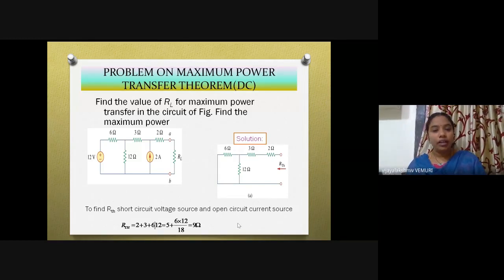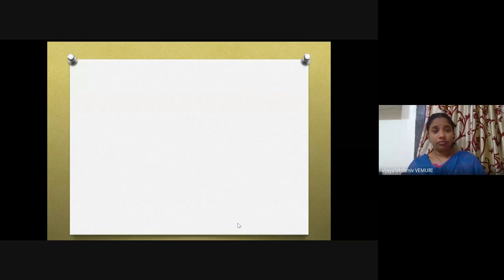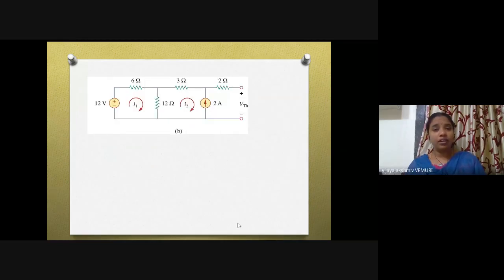Understood? Next, coming to finding out V Thevenin, you need to observe which method we feel is easy to find out V Thevenin. We have the mesh method. First of all, to find out V Thevenin, I told you already, I'll share my Jamboard. Wait a minute.